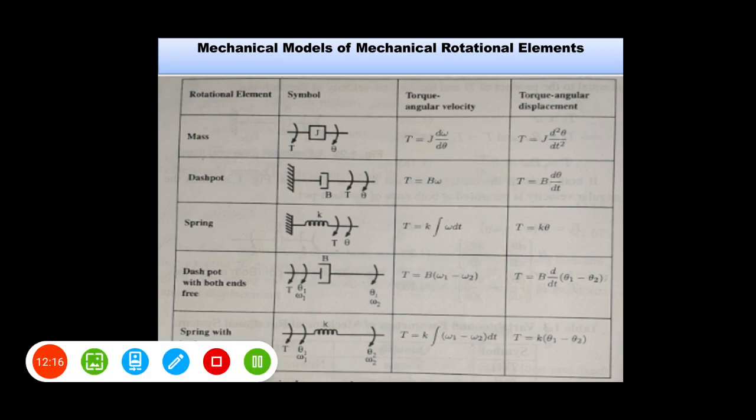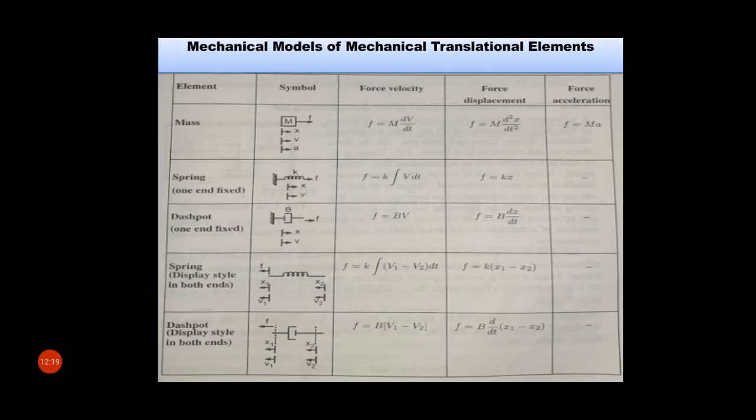And this table represents the mathematical models of mechanical translational elements. The first one is mass, the second one is spring with one end fixed, the third one is dashpot, and the fourth one is spring where both ends are not fixed.